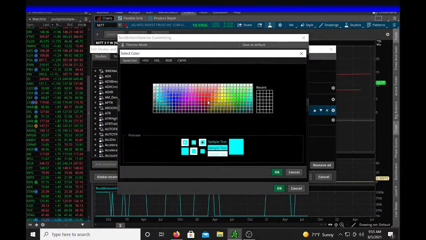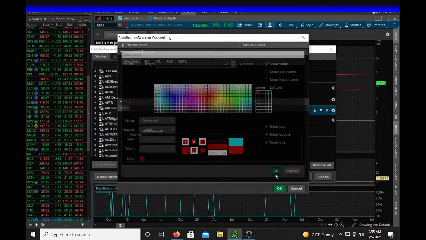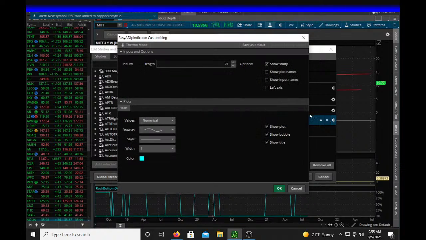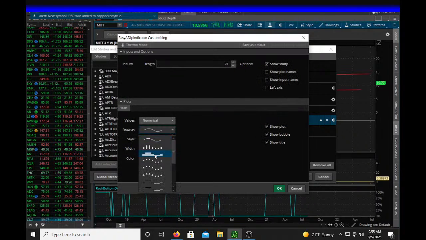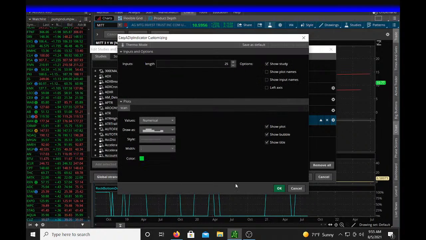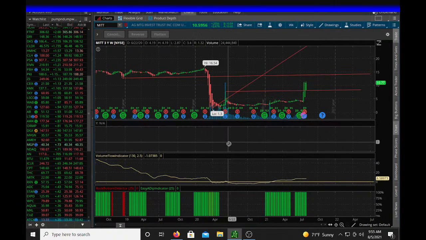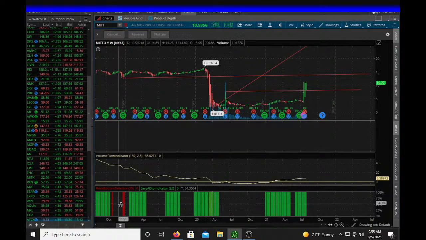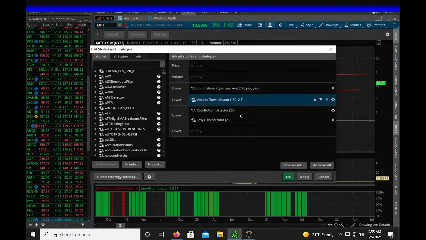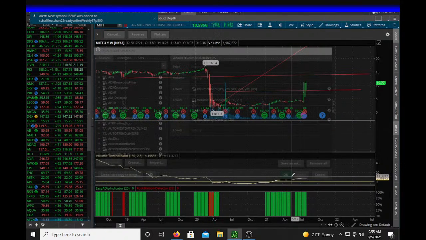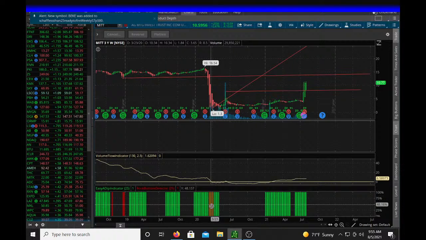Just get that set up a little bit. And we'll use this dip indicator here. We'll set this up as green. And now we can see where we get our rock bottoms at. Although we need our bottom on the bottom so we can see it. Rock bottom on the bottom.